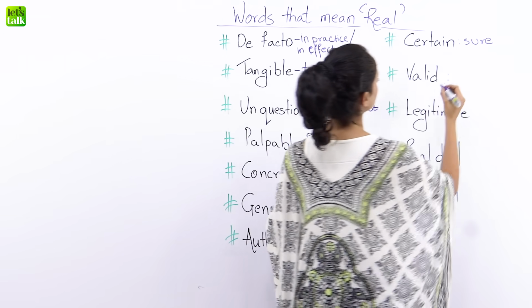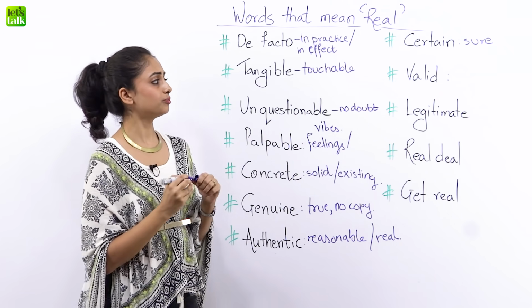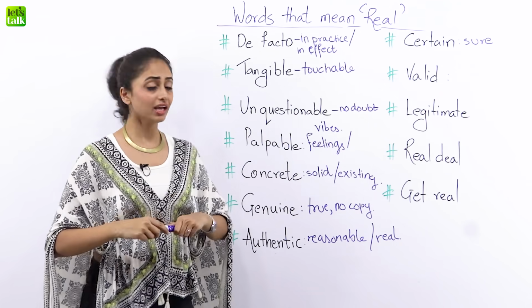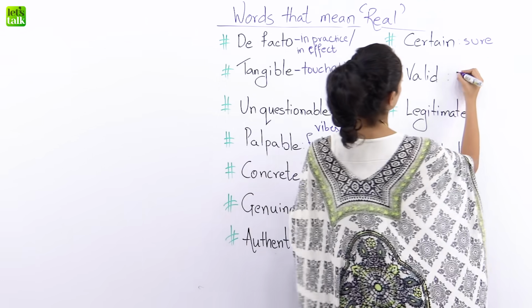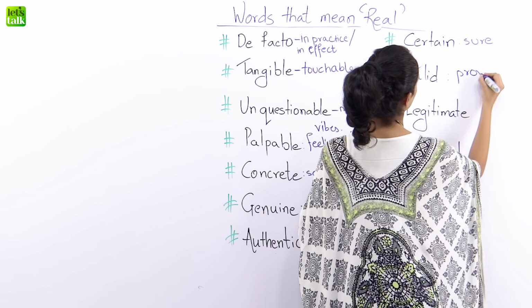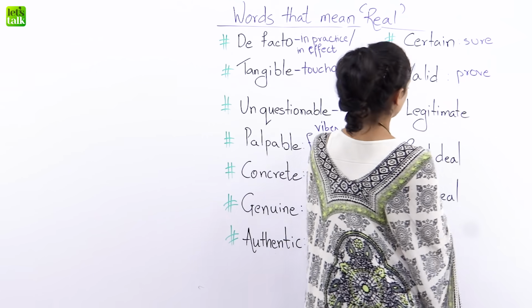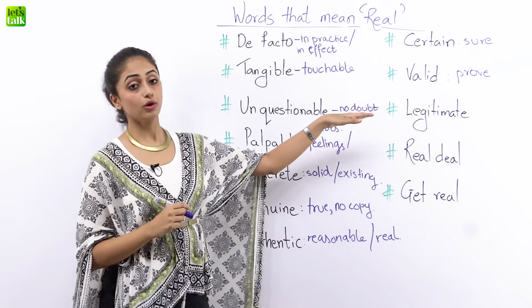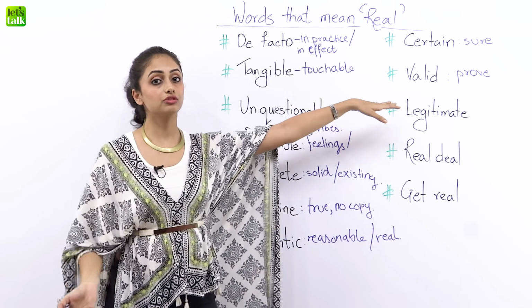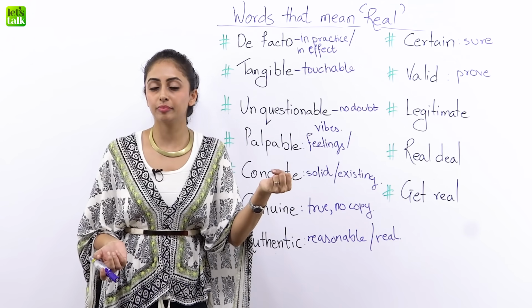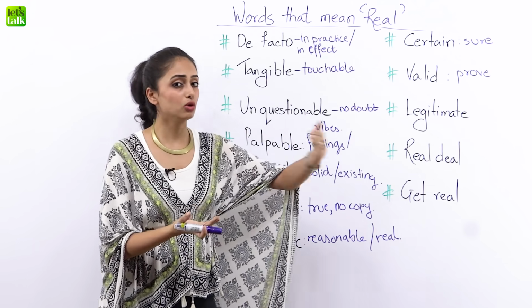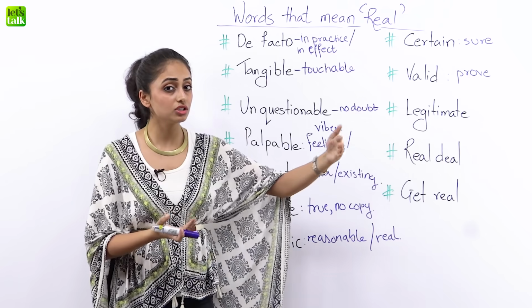Now moving from certain, we have valid right there. Valid basically means something that you can prove, again, it also relates with existing, right? So valid is something that you can prove. Okay. Although valid can be used for, you might have heard, medicines and the validity of medicines. That means for how long it can be used, right?